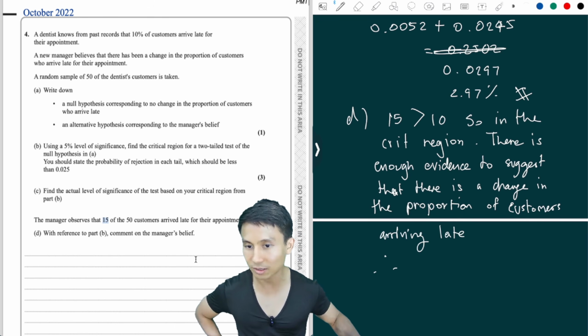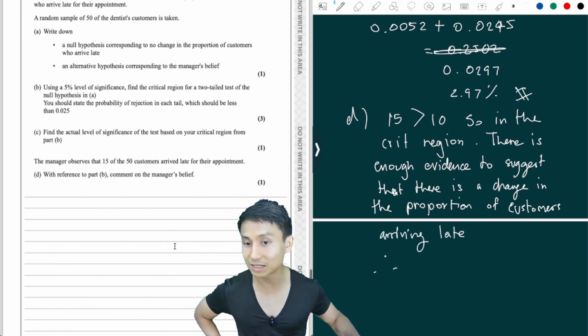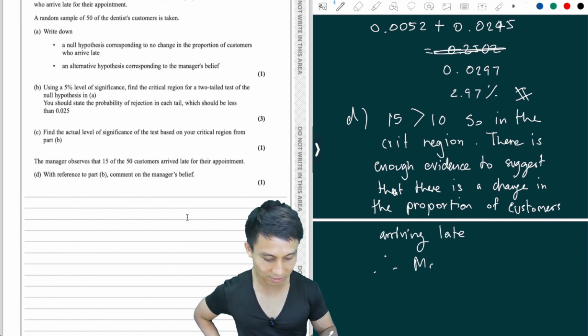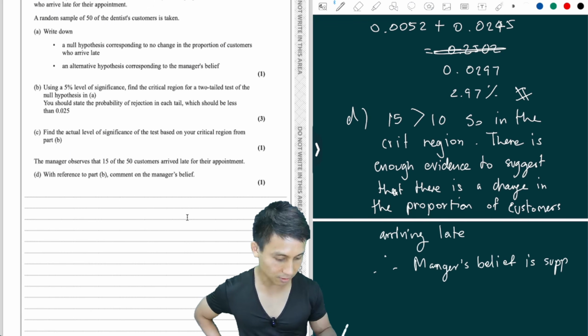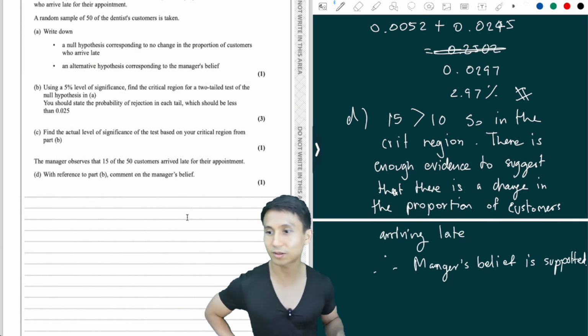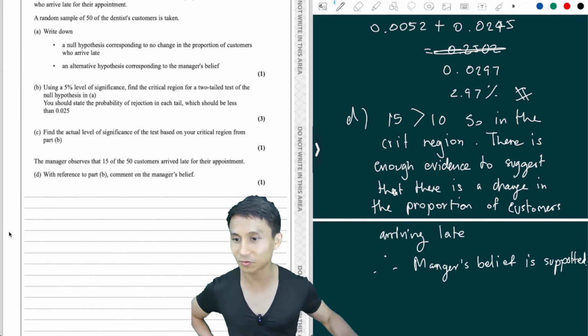Therefore, the manager's belief is supported, just like that. You know what I mean there. And that's it for this one.